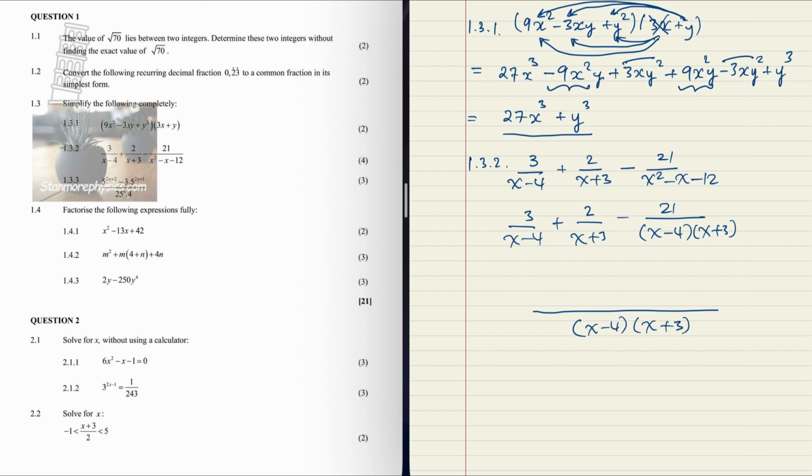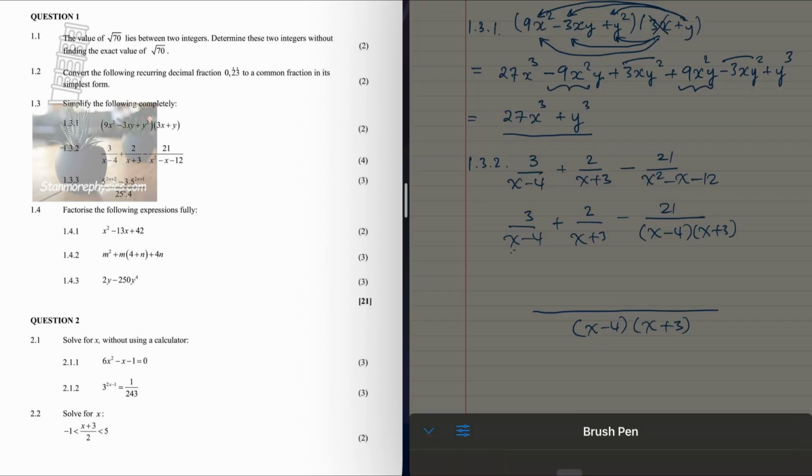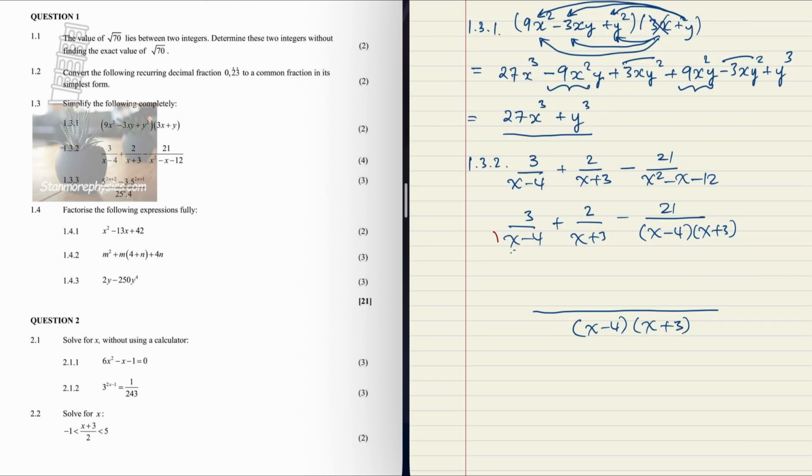Now I need to figure out what I must multiply x minus 4 by to get x minus 4, x plus 3. Well, that's simple. I must multiply by x plus 3. And what I do to the denominator, I must do to the numerator. So that's going to be x plus 3 as well.